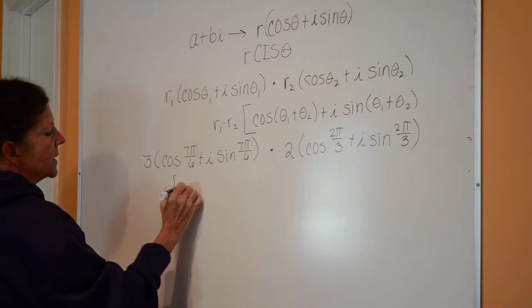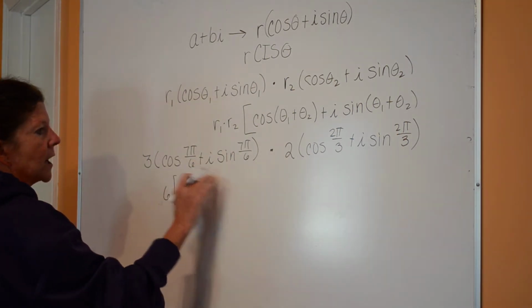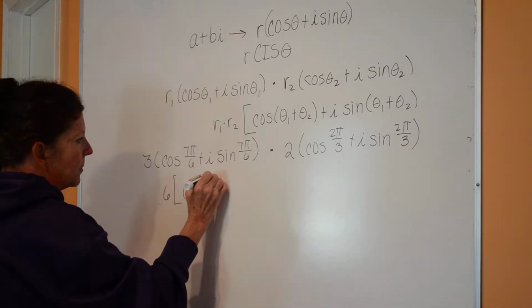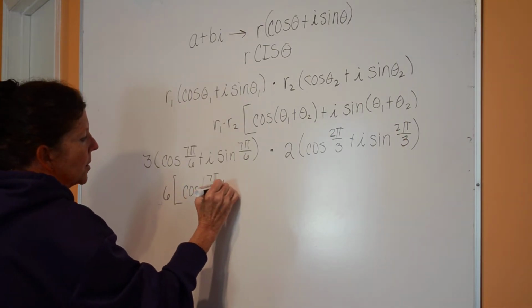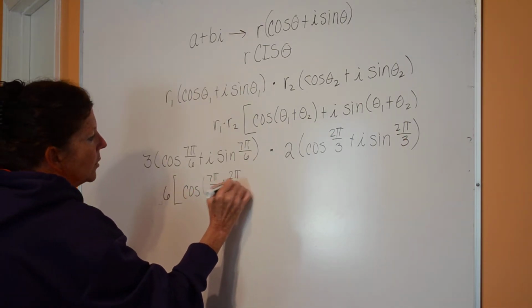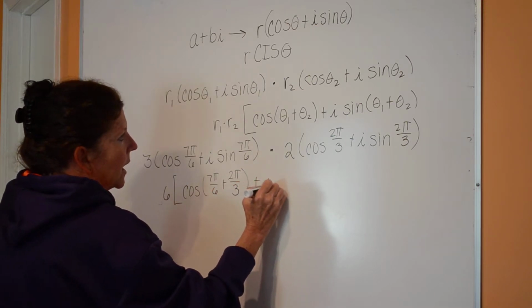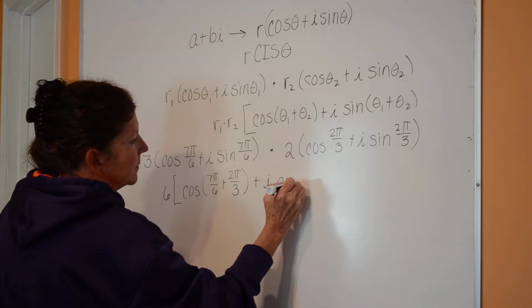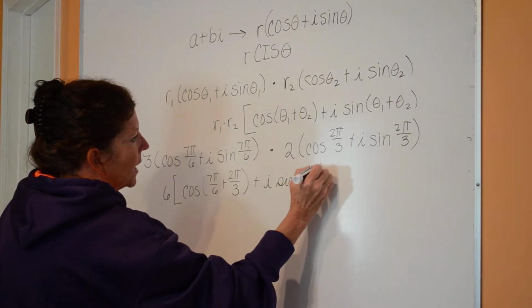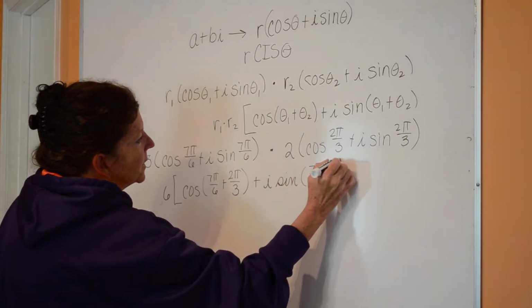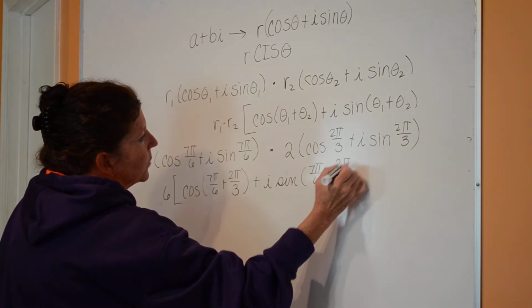That whole thing is going to be multiplied by the cosine of the 7 pi over 6 plus the 2 pi over 3, plus i times the sine of 7 pi over 6 plus 2 pi over 3.